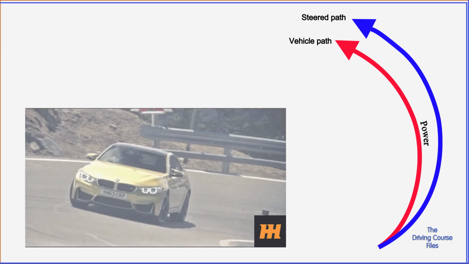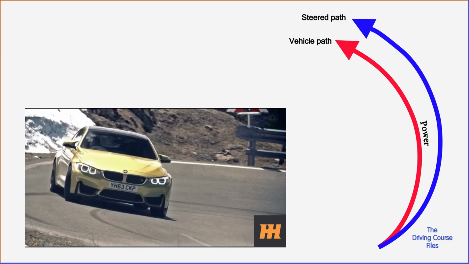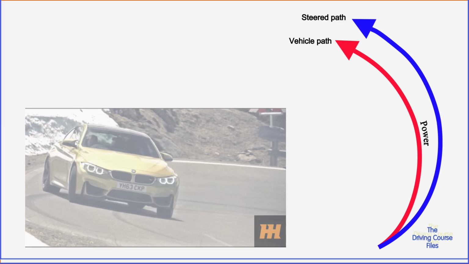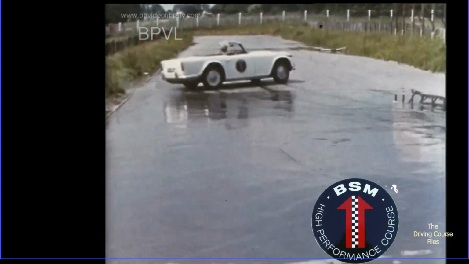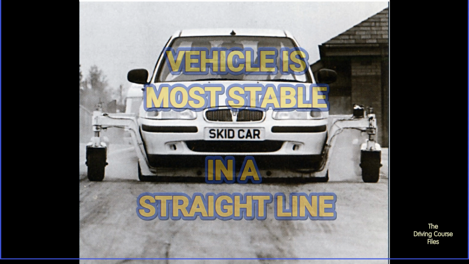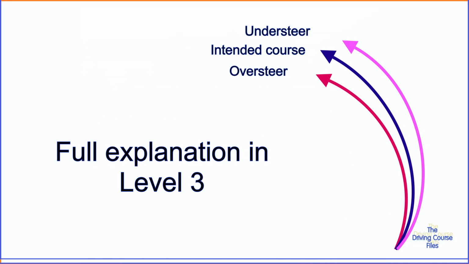Rear-wheel drive vehicles can, in addition, be subjected to the back-end breaking away, meaning the path would initially be tighter than that selected by the steering, possibly ending in a spin. A vehicle is normally in its most stable configuration when either power or braking is applied in a straight line. A full explanation of understeer and oversteer will be given in level 3.